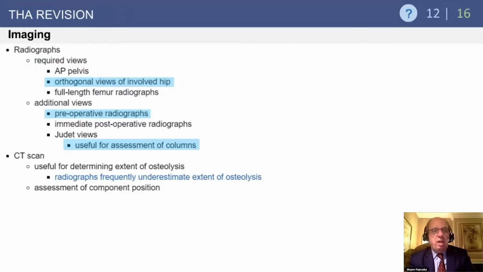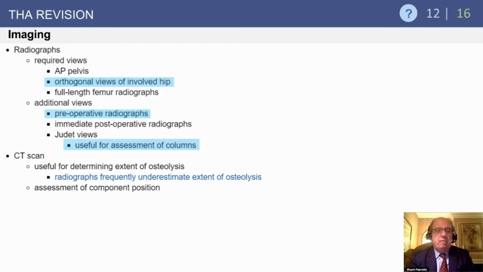Radiographs, we want an AP pelvis and orthogonal views of the involved hip, AP lateral, and a full-length femur. We want Judet views to assess the column of the acetabulum and try to obtain immediate post-op radiographs to determine whether or not there's been migration of the acetabulum or the femur.